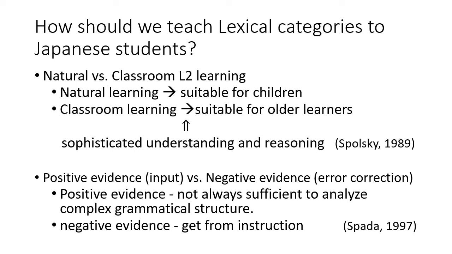Also, positive evidence, that is, natural input, is not always sufficient for L2 learners to analyze complex grammatical structure. Therefore, the learners need the negative evidence, that is, error correction, from instruction.